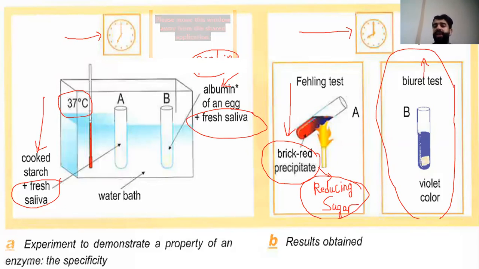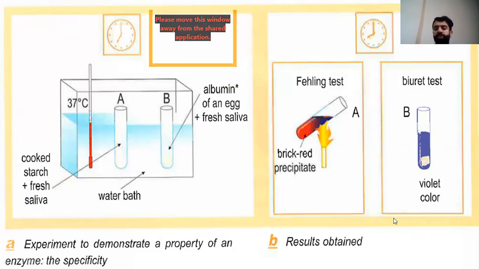It's for proteins and/or polypeptides, so either proteins or polypeptides. Here we have a positive result. So peptides or proteins still persist. They are present here and they are not digested. So digestion occurs only in tube A and not in tube B.